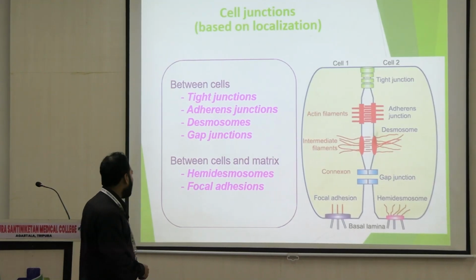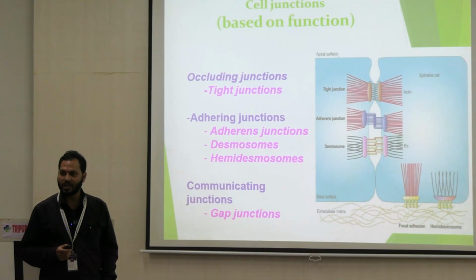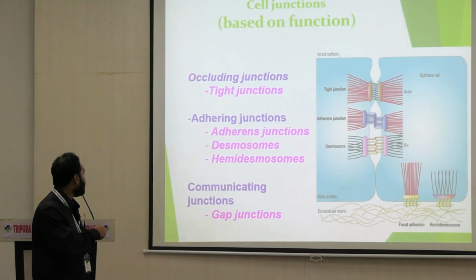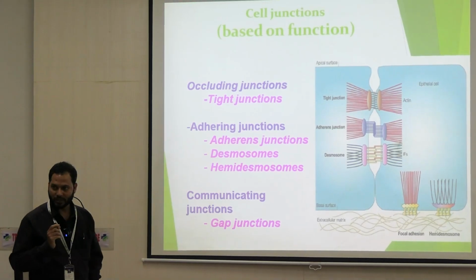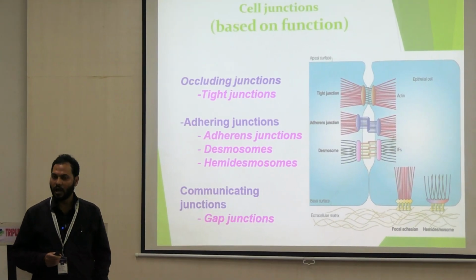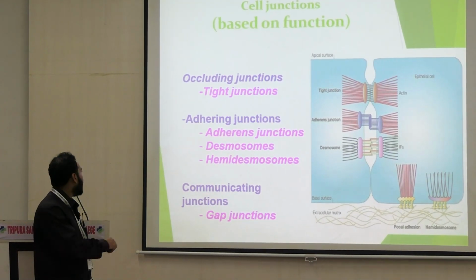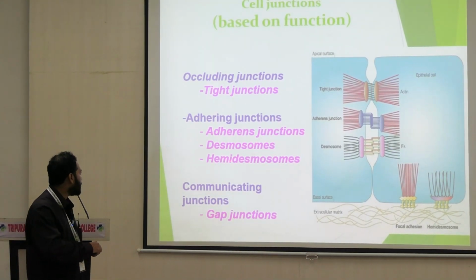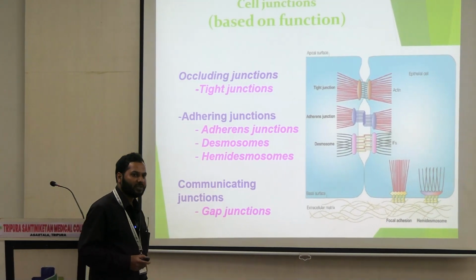Clear? Now, if you see the classification based on their functions, these are mainly occluding junctions, adherent junctions, and communicating junctions. Occluding junctions involve the tight junctions. I will explain in detail. Adherent junctions include adherens junctions, desmosomes, hemidesmosomes, whereas communicating junctions are the gap junctions.